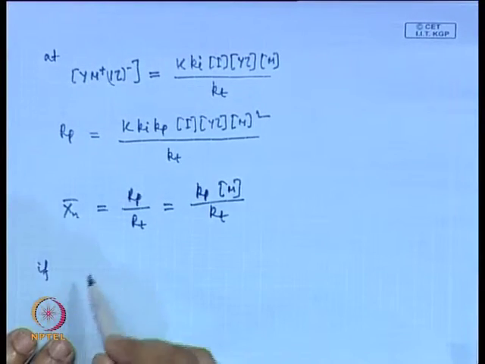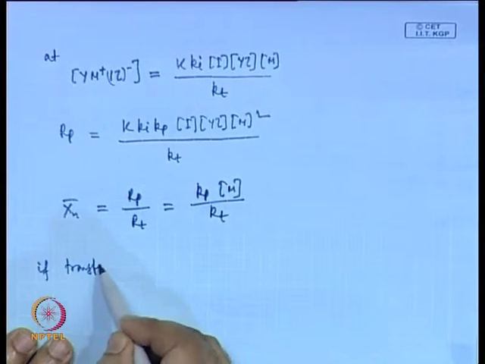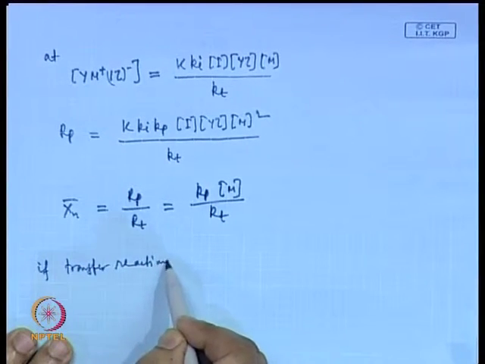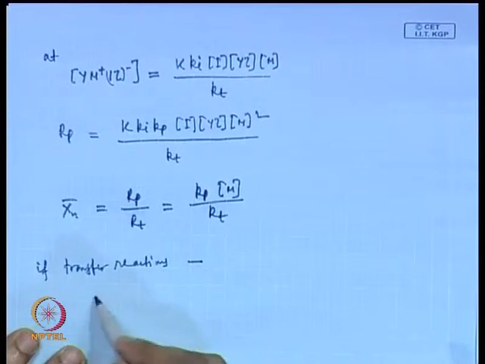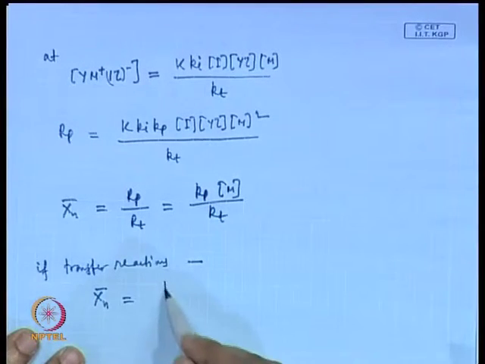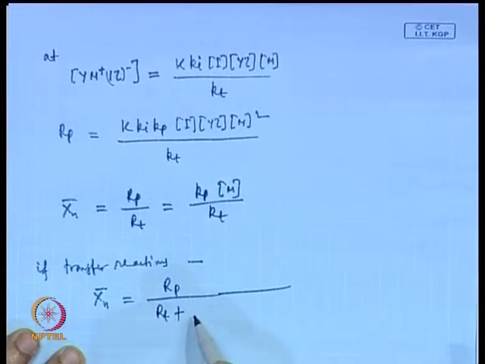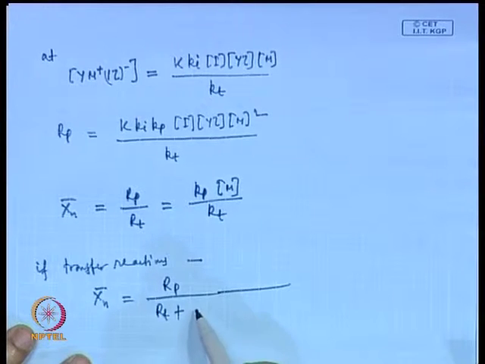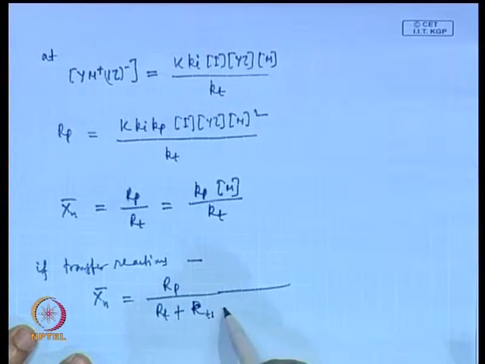Now, similarly, if transfer reactions happen, I can write Rp over the summation of all the chain terminating reactions. So, Rt plus Rts plus R transfer monomer plus R transfer solvent and so on.